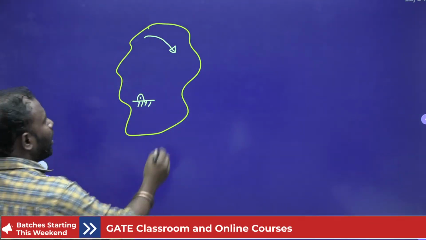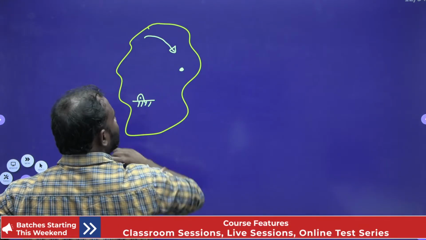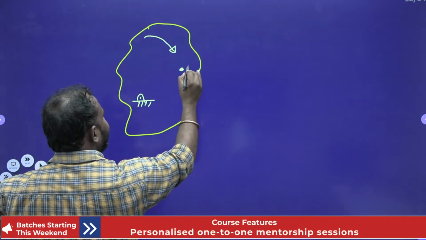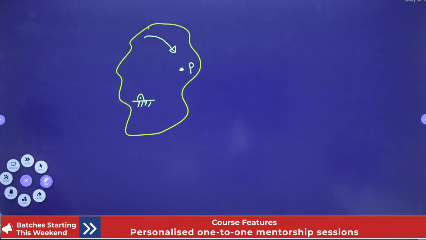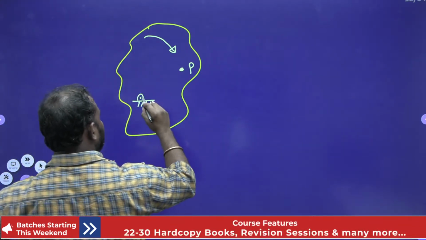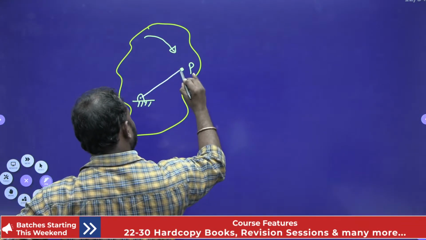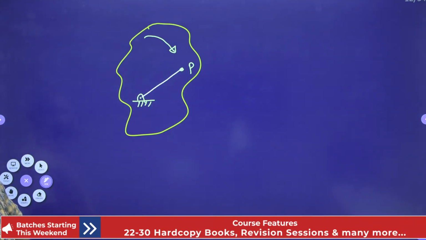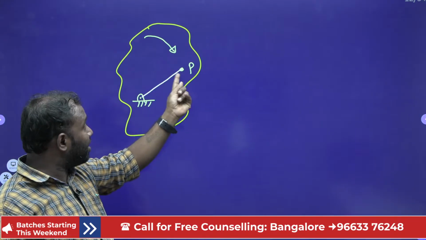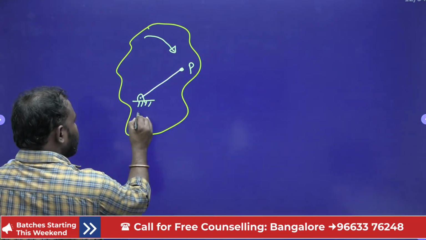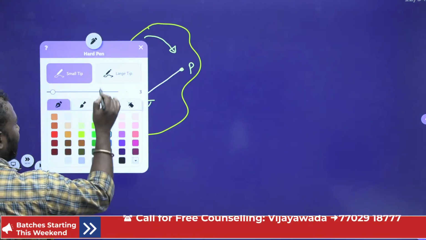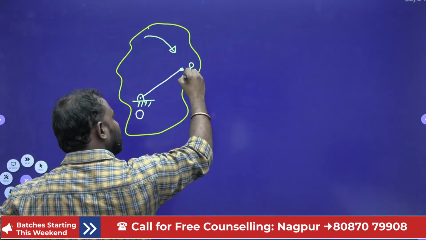Now I am considering a point, say point P. If I join this point, my velocity at particle P about this point O is exactly perpendicular to the radial distance.